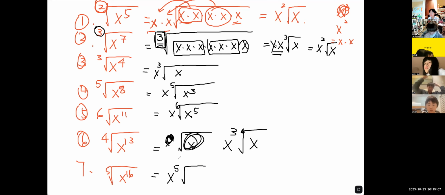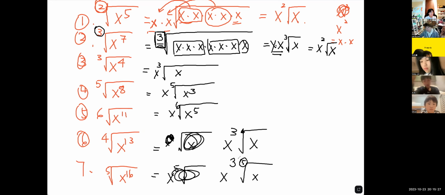No, not like this. It's actually x cubed to the 6. Wait, let me think. X cubed to the square root of x. And the root here is 5, right? Yes, radical 5. Very good. You can do the hardest question. Good job.